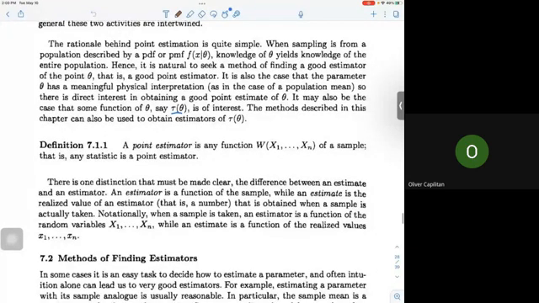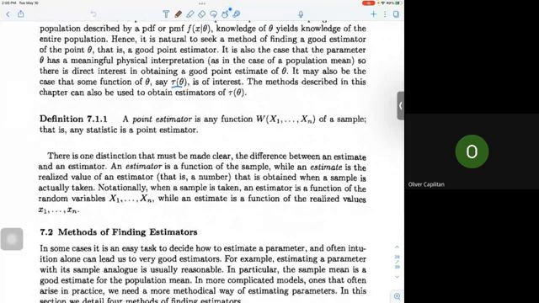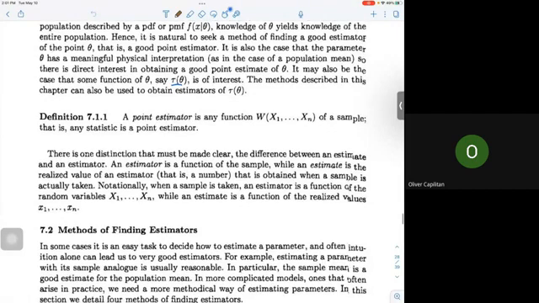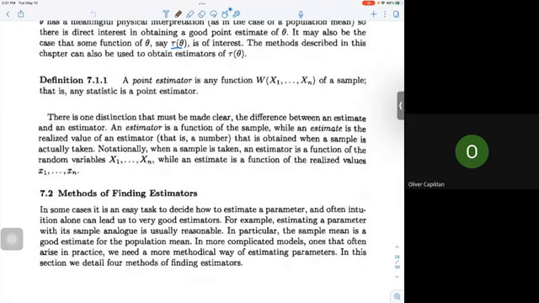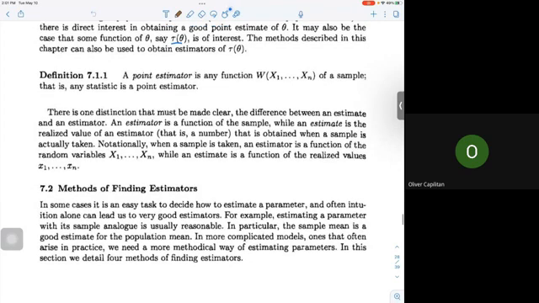A point estimator is any function of our sample or function of our random variables x sub 1 up to x sub n. So a statistic is a point estimator. And then if we're going to consider the realized value of our point estimator or realized value of our random variables here, we have small letters x sub 1 up to x sub n.